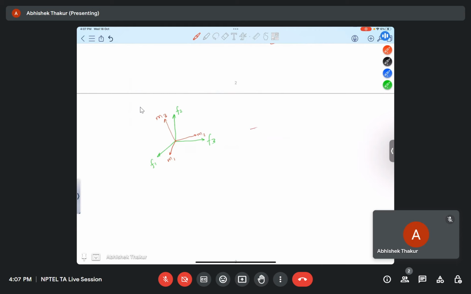So the transformation matrix T is given as F1 dot M1, F1 dot M2, F1 dot M3, F2 dot M1, F2 dot M2, F2 dot M3, F3 dot M1, F3 dot M2 and F3 dot M3.